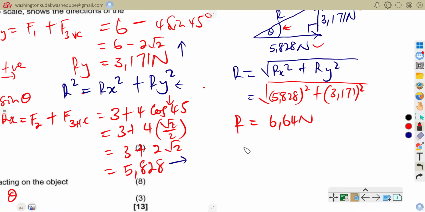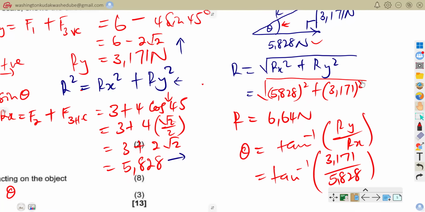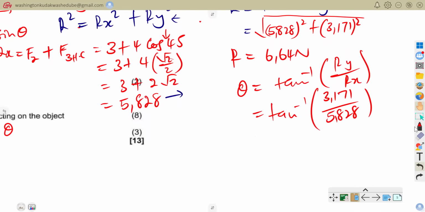So theta would be equal to arctan of my resultant in y over my resultant in x. In my y we said it's 3.171, divided by in my x we said it's 5.828. And what becomes my direction after doing that?